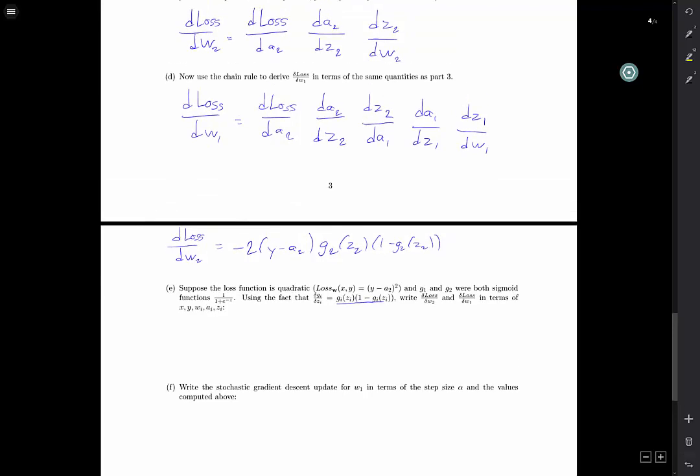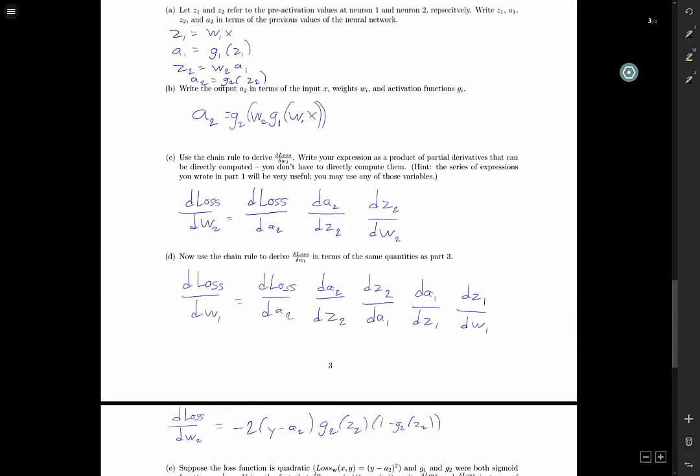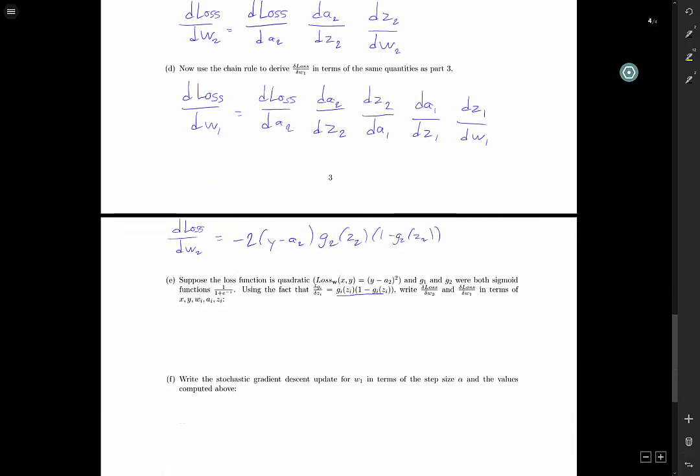And the last term is the derivative of z2 with respect to w2. If we look up here, we see that that's going to give us a1. Now we can write this out a little more and fill in the value for G2 because it's a sigmoid. So I'm going to get 1 over 1 plus e to the minus z2, and 1 minus 1 over 1 plus e to the minus z2, times a1.